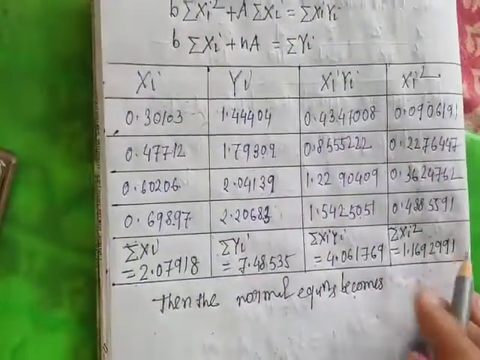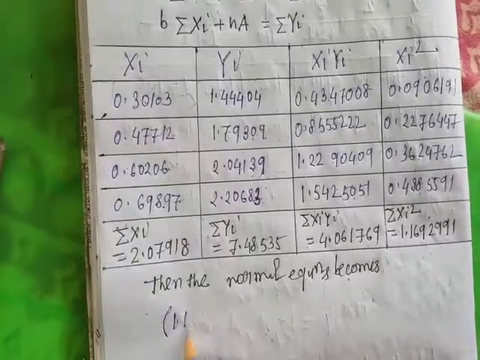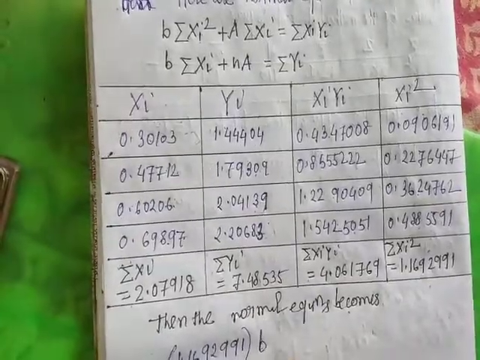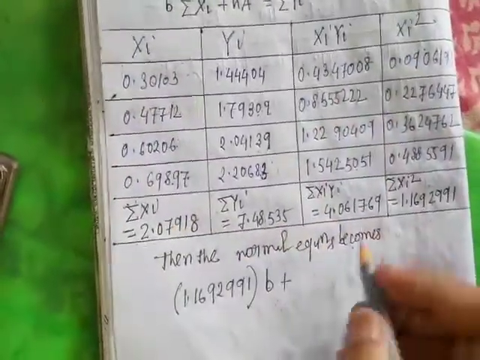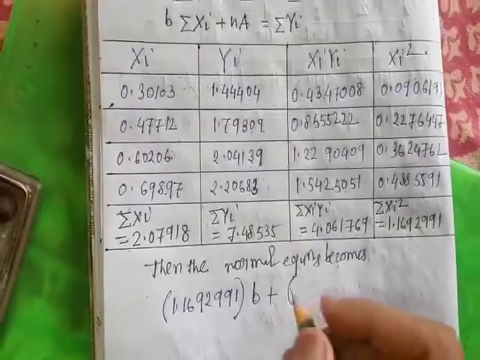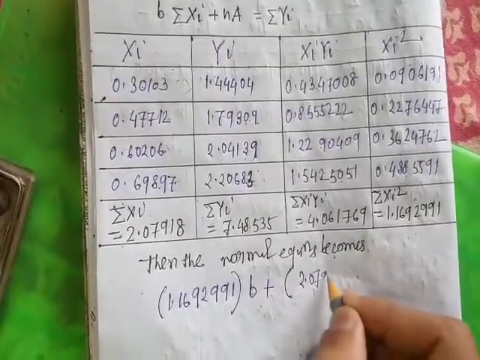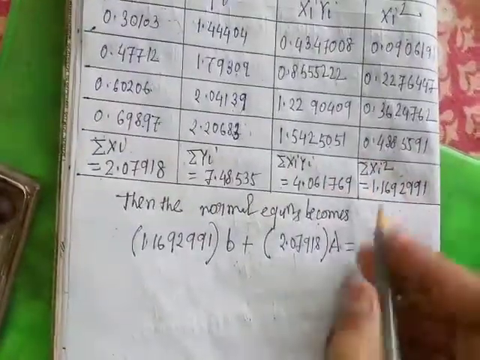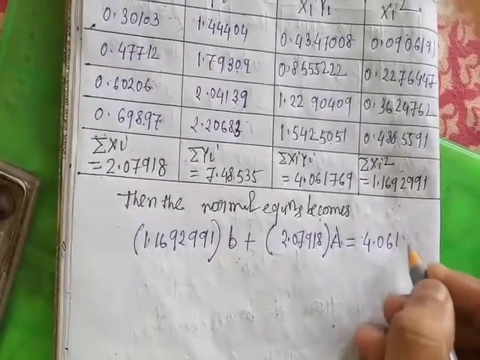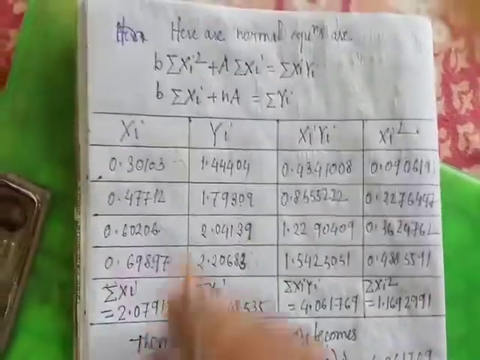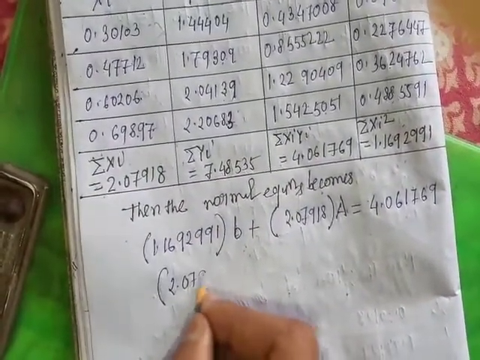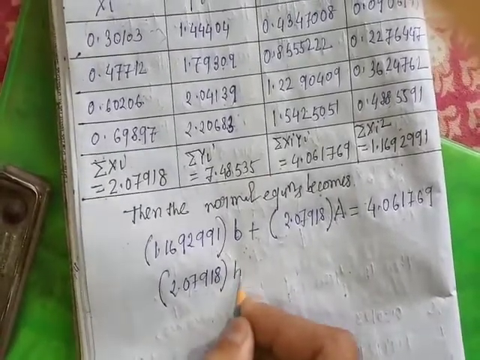So summation xi square is this, 1.169291 into b plus a into summation xi, this 2.07918 a, equal to summation xi yi equal to 4.061769. The second equation becomes b into summation xi. Here summation xi is this, so 2.07918 into b plus n into a.